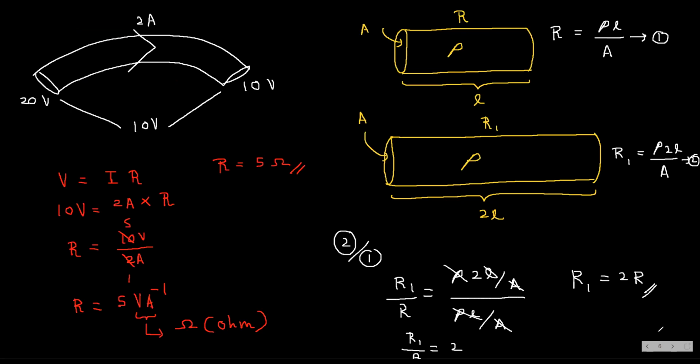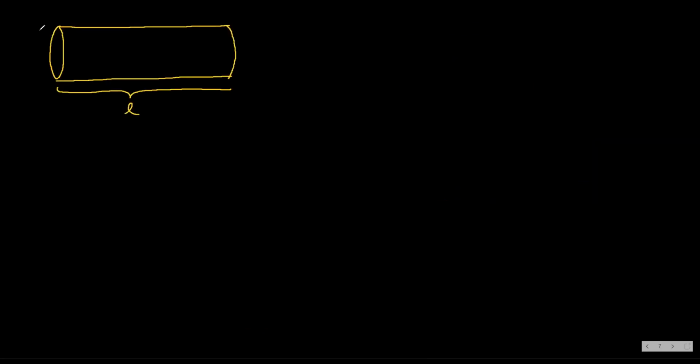But its cross-sectional area is A by 4. What is the resistance of this conductor? Can you tell the resistance of this conductor by using R? Anyone?